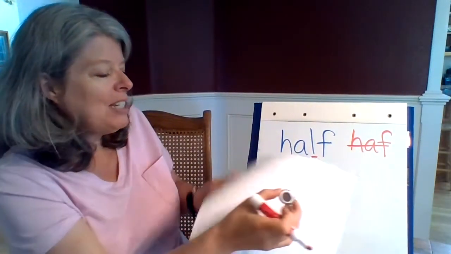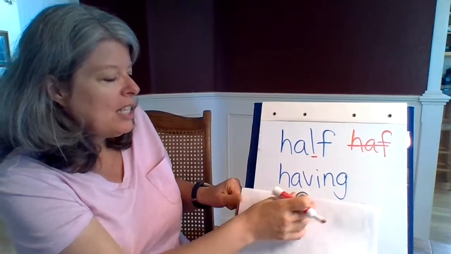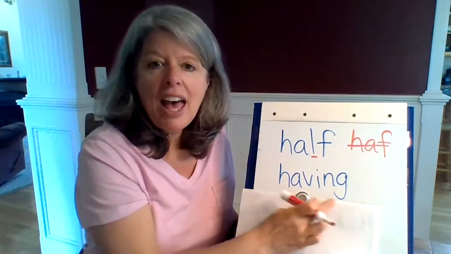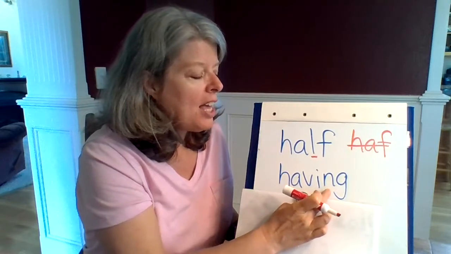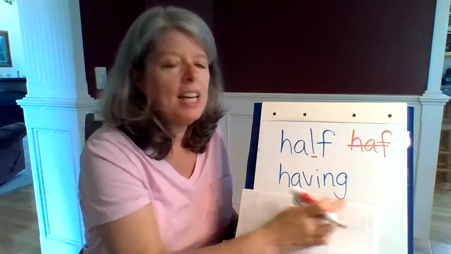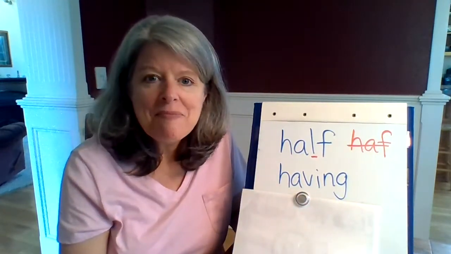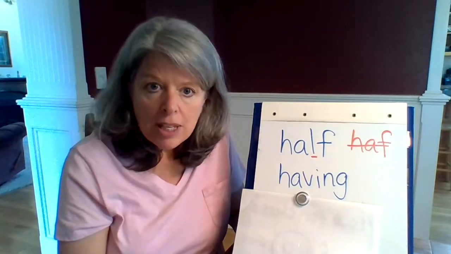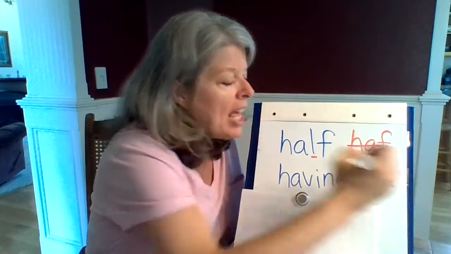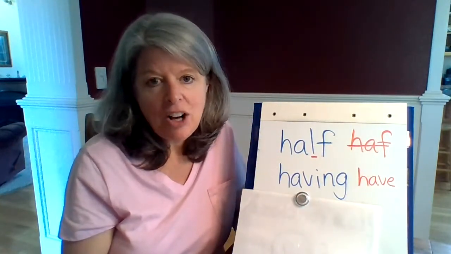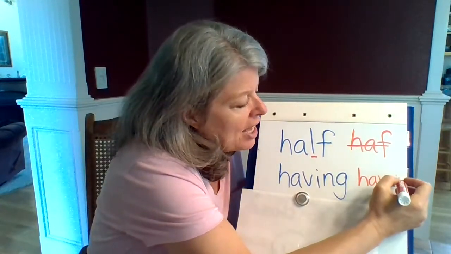All right, read, spell, read this word with me. Having. H-A-V-I-N-G, having, like I am having a good time. So when kids misspell this word, a lot of times they spell the word have and they forget to take off the E and they add their I-N-G.